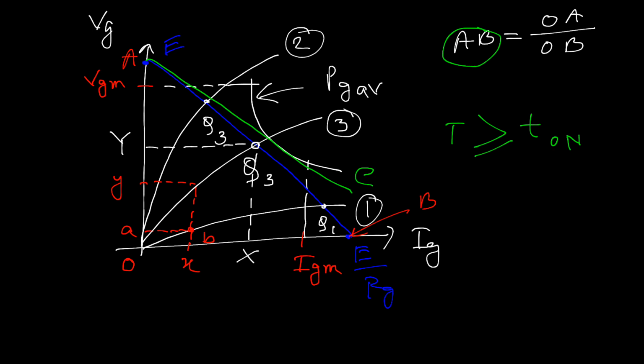That is why, to make a reliable fire, always try to maintain the time of application of the gate pulse high enough with respect to the turn-on time of the SCR. So this is all about the gate characteristics.